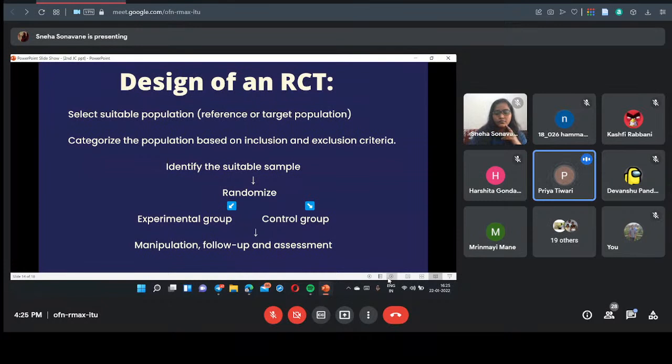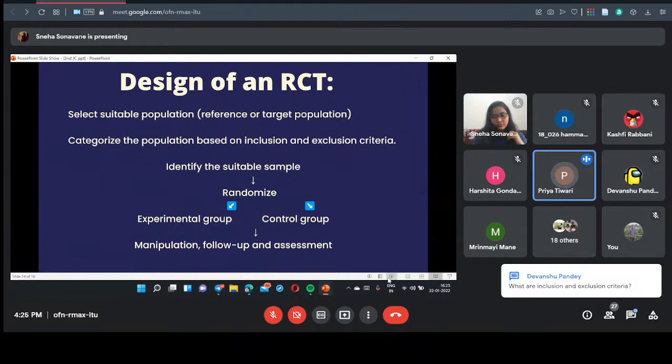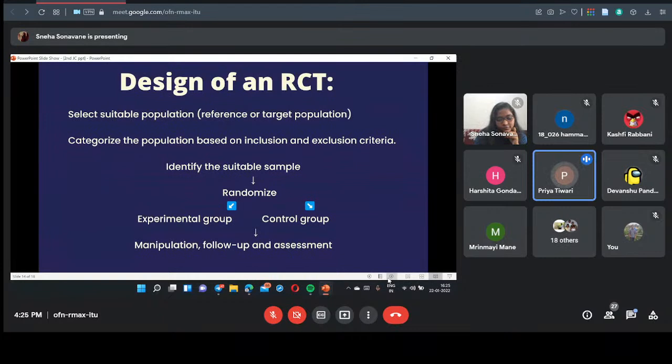Now, for this, you will place individuals of similar sex into the same group, so that we get the best outcome. Something like oral hypoglycemics that we want to test in a population may give some results in the younger population and other results in the older population.